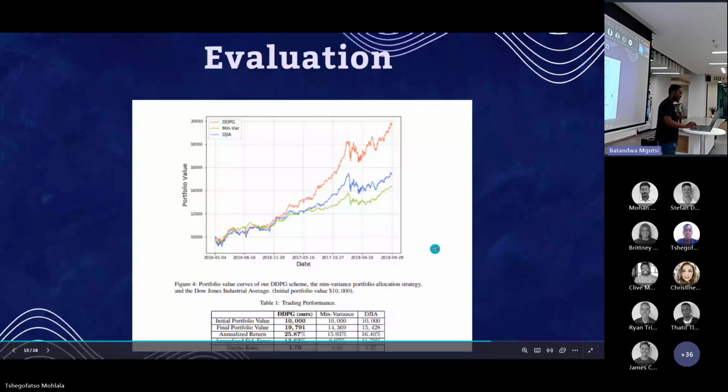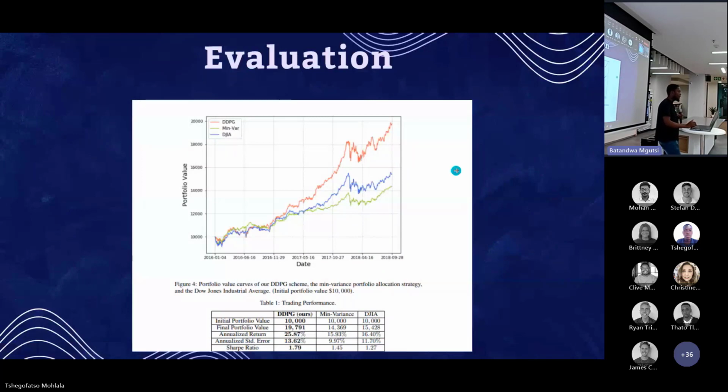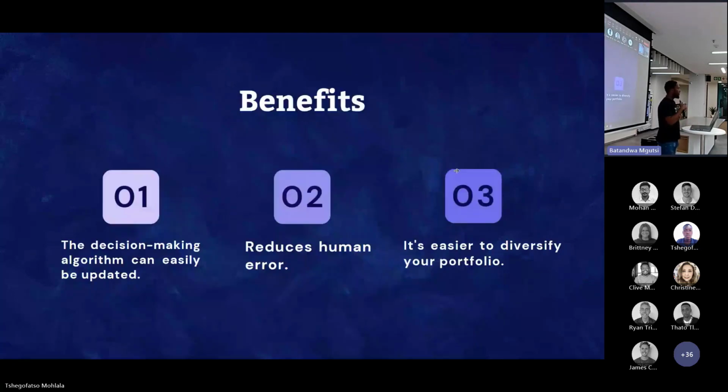The benefits include that you can always update the decision making algorithm, because when the stock market is closed, you can do backtesting, see how your model performed that day, and then make some updates.